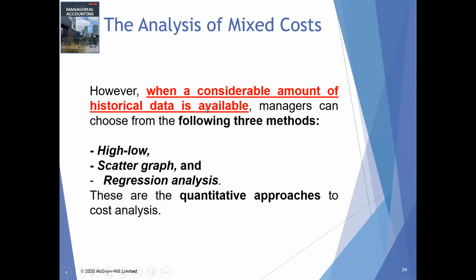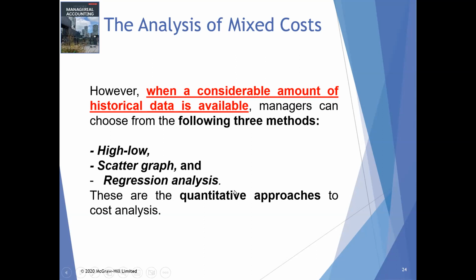However, when a considerable amount of historical data is available, the manager can choose from the following three methods: the high-low method, scatter graph, and regression analysis. There are three methods available to analyze and calculate the cost.